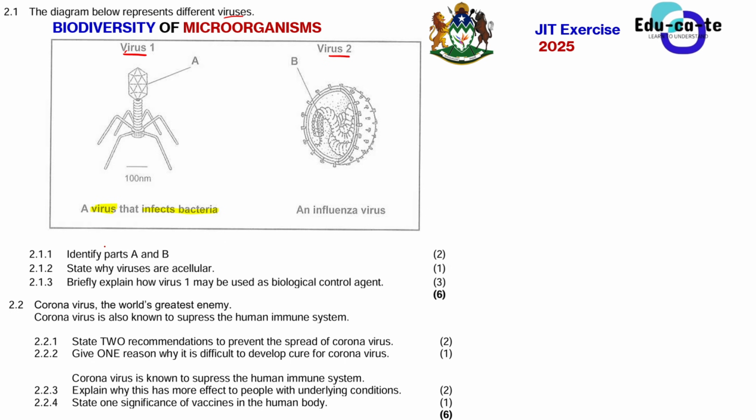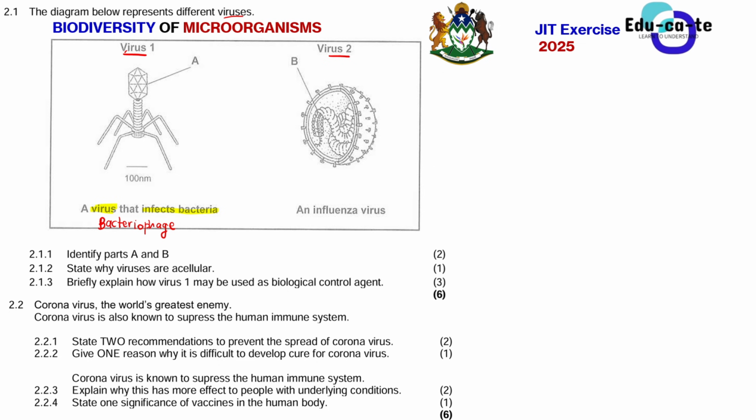We say it is known as a bacteriophage. So whenever they give you a biological term, like a virus that infects bacteria, you know that the name of that virus is a bacteriophage. It is able to kill bacteria.